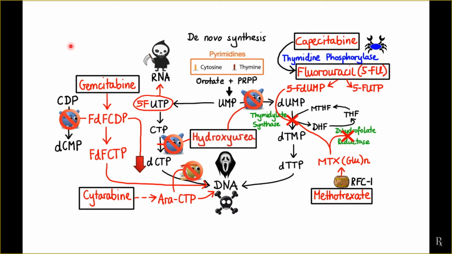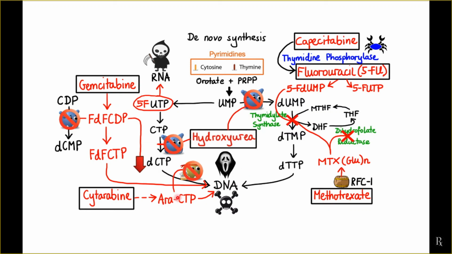Then we also have gemcitabine that is converted to the gemcitabine FdCMP, and then deoxy FdCTP, and will be incorporated into the DNA. And cytarabine that is converted to the ara-CTP and will block the DNA polymerase, and also will be incorporated into the DNA.